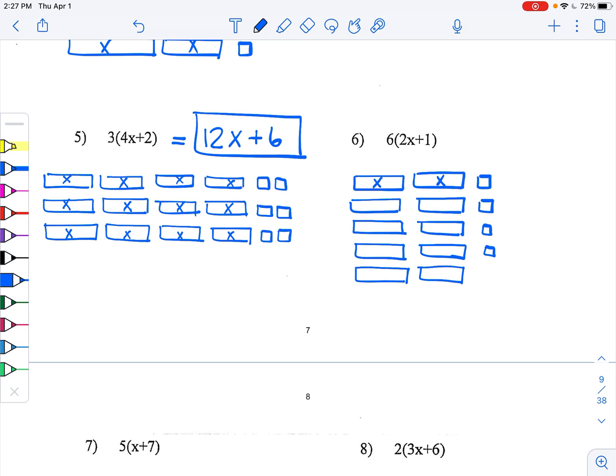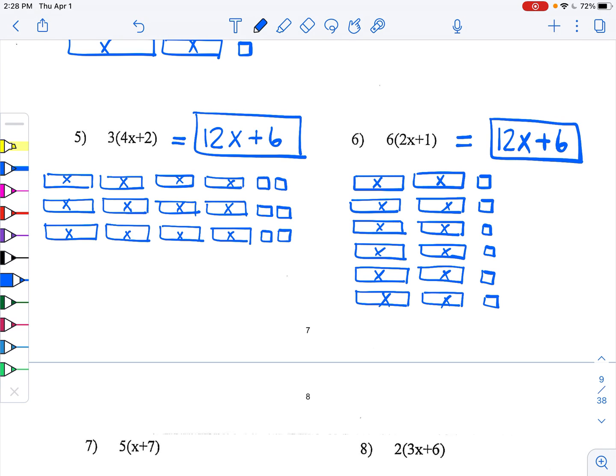You know me, we do a little bit of modeling and then we graduate and move on from the modeling. But I don't know if you're ready to graduate just yet. If you have 6 groups of 2x plus 1, what is it that you have in total? Good, 12x plus 6. Excellent.